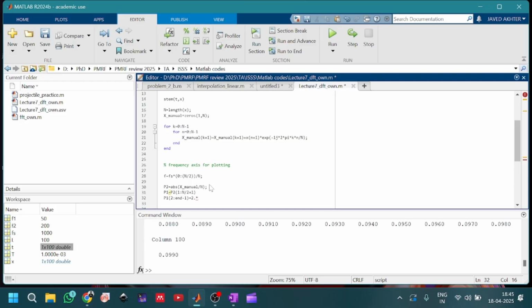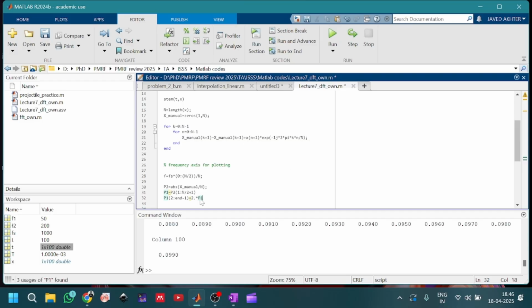This 2 is coming due to the energy conservation. Since you are only taking one half portion, your original signal and the Fourier transform signal, which is now P1, don't have the same energy. You also know that it is symmetric, so if you want to conserve the energy, you have to multiply it by a factor of 2. So let me do that.